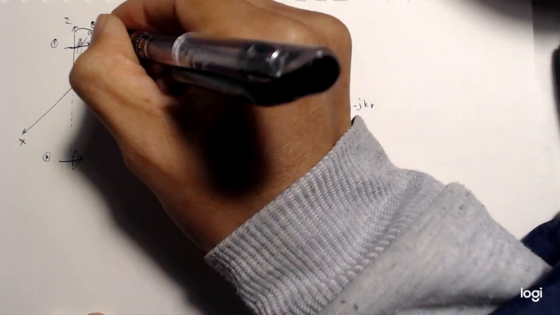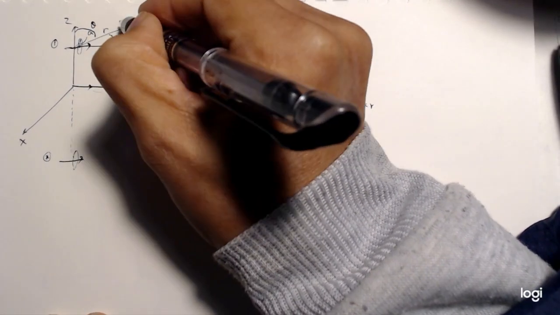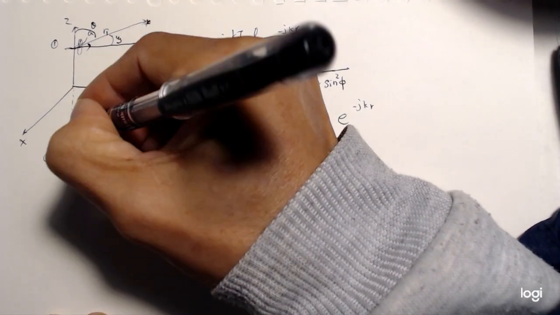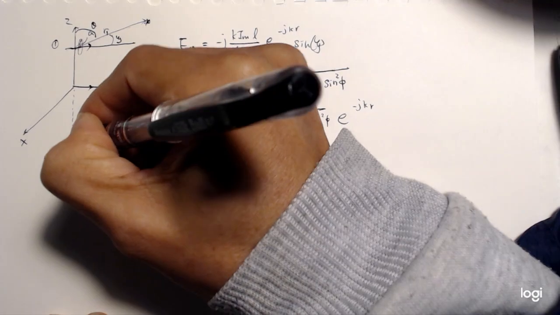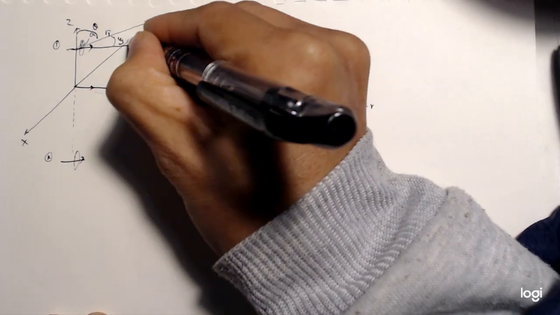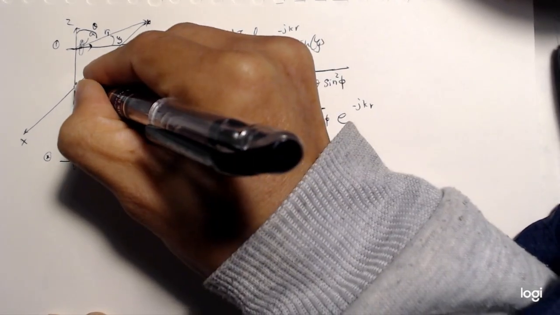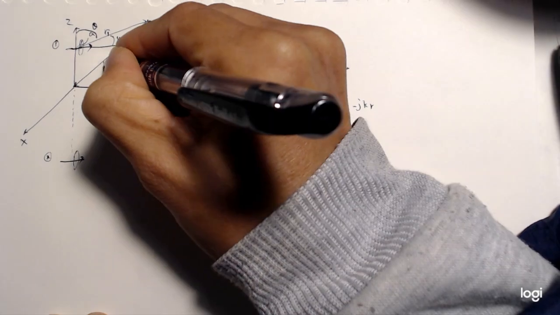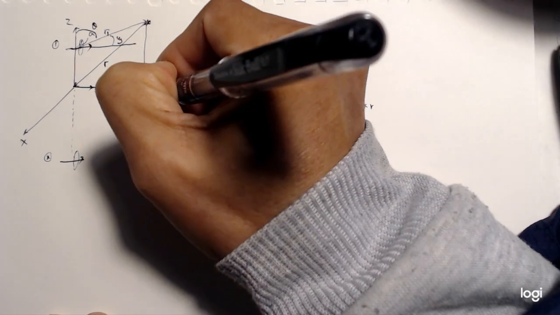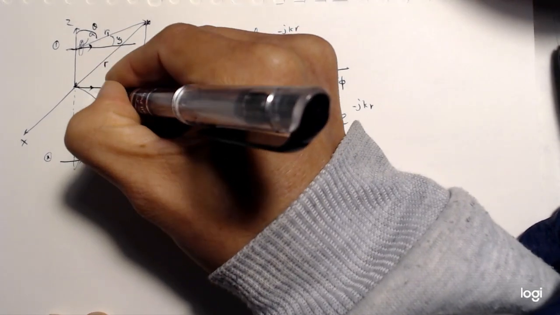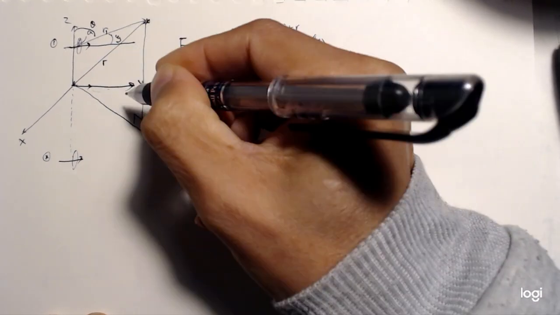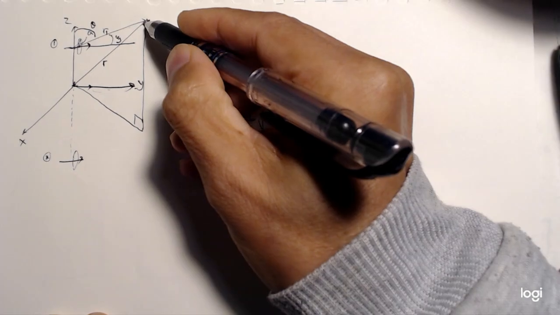If the distance between the dipole here and the observer is R1, we expect the distance from the origin to the observer is r, and we can draw a perpendicular projection.